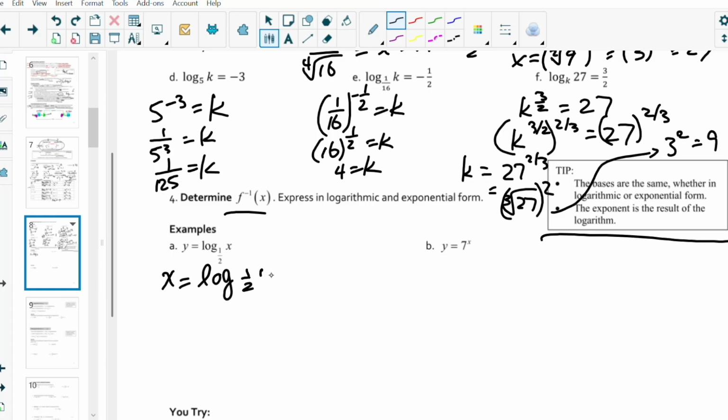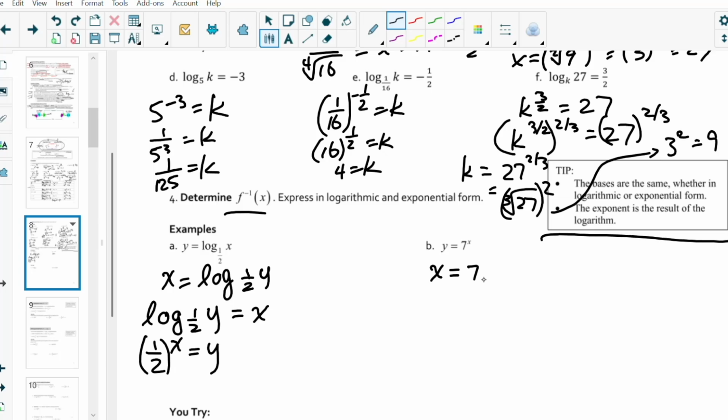Okay, remember we're swapping x and y values. I'm going to write it this way. Okay, that helps me see it better. So that's 1/2 to the exponent x equals y.